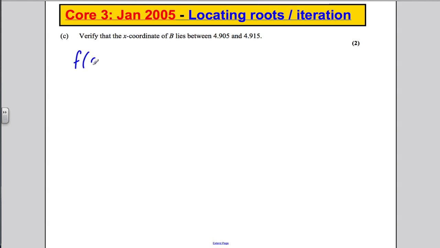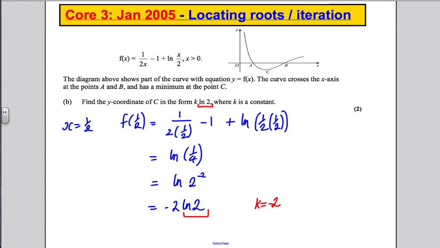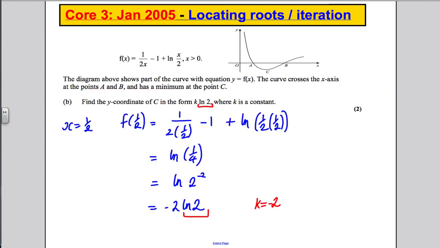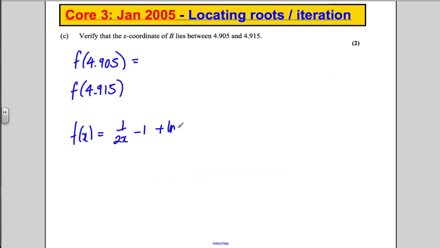So we want to work out f of 4.905, and we want to work out f of 4.915, where f of x is 1 over 2x, subtract 1 plus ln x over 2. So you need to work these two things out for this particular function here.